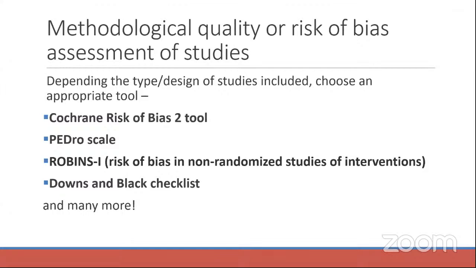And the Cochrane risk of bias tool also has variations if you're going to include cluster randomized clinical trials or crossover randomized trials. If you want to look at risk of bias in non-randomized studies of interventions, then you can use ROBINS-I, while Downs and Black checklist can be used for assessing risk of bias in both randomized and non-randomized studies. There are many more checklists. You can go through and find it in the literature.